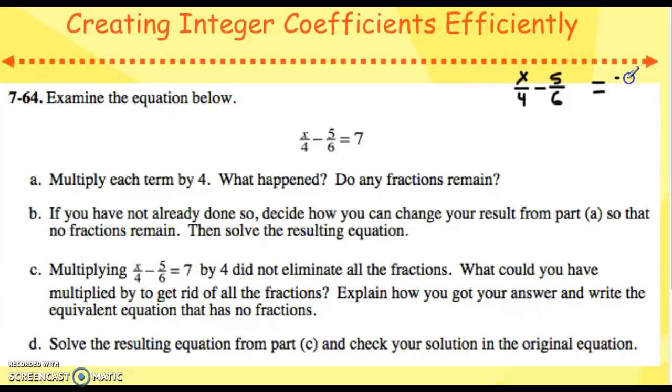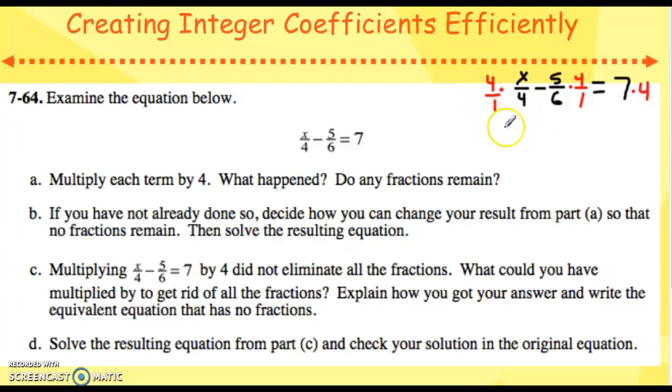Okay, so if I multiply each by 4, I'm going to multiply x over 4 times 4, and like we talked about in the last problem, 4 is the same as 4 over 1, so then I multiply this one by 4 over 1, and then this one I'll just multiply by 4.